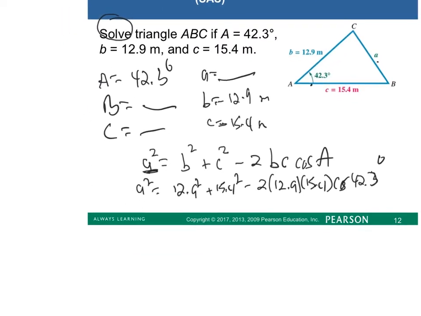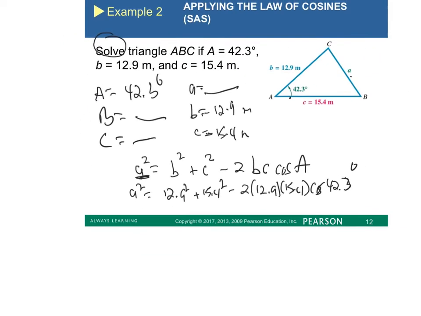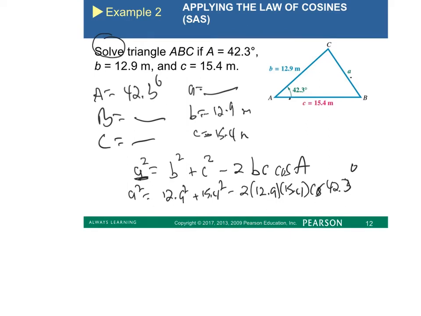And again, this is all plug and chug. Go to your calculator, type in that, plus, minus, number times number times number times cosine of this angle. Hit enter. When you get done with that, take the square root.